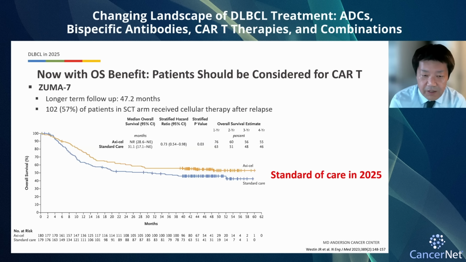In ZUMA-7, patients randomized to the standard of care arm were allowed to receive CAR T-cell therapy in the third-line setting after progression. However, only 57% of patients were ultimately able to receive CAR T-cell therapy.